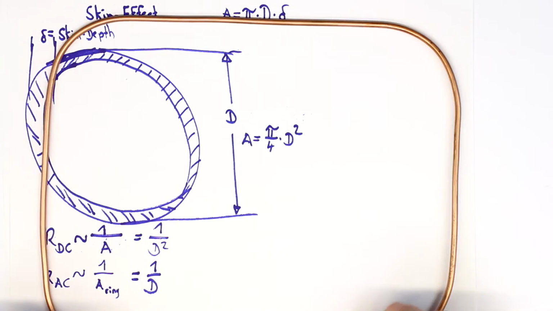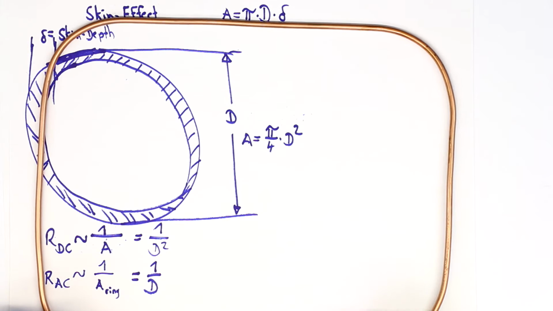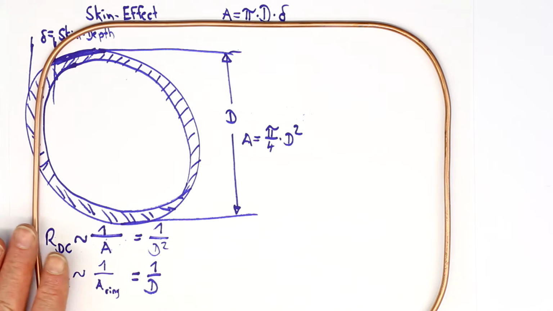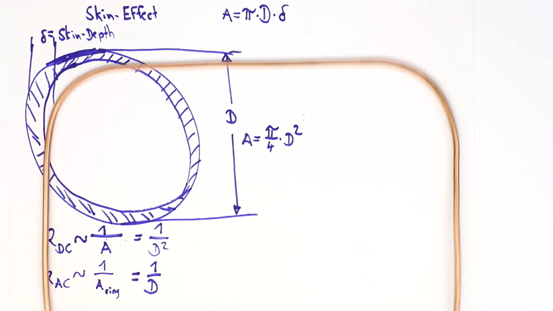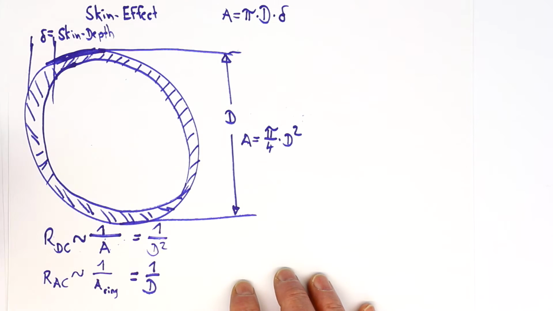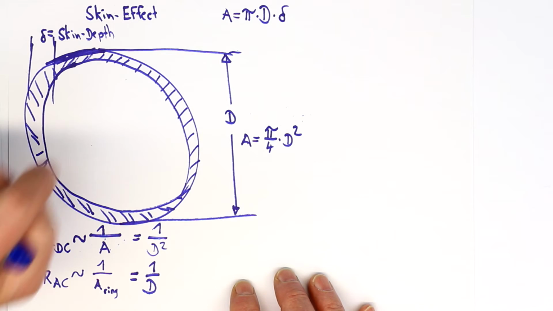So copper tubing is one thick wire, or after, I would say, 2 millimeters, you should go to copper tubing. That's not very elegant, but it is a way to counteract the detrimental effects of the skin effect.